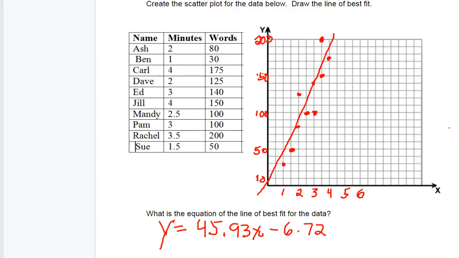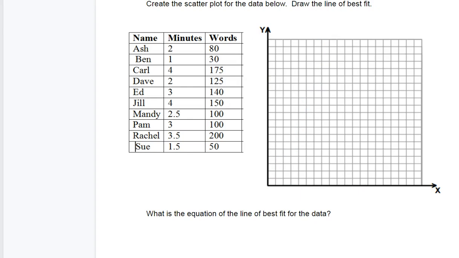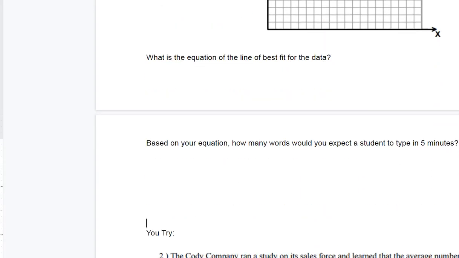Okay, so y equals 45.93x minus 6.72. If you go to the next page, based on your equation, how many words do you expect a student to type in 5 minutes? Well, that gets a little more interesting now. So now we need to use our equation.